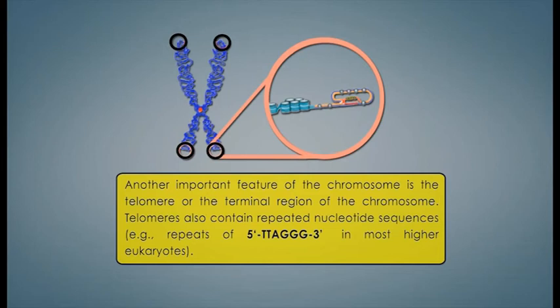Telomeres also contain repeated nucleotide sequences, for example, repeats of TTAGGG from 5' to 3' direction in most higher eukaryotes. Special DNA binding proteins may also bind to the repeat sequences in human telomeres.